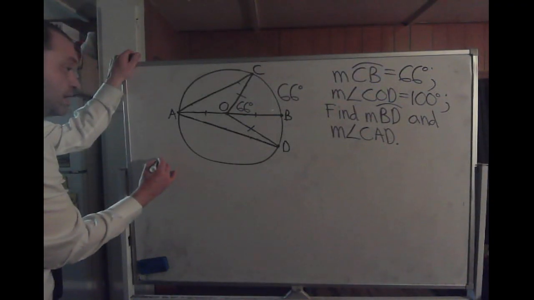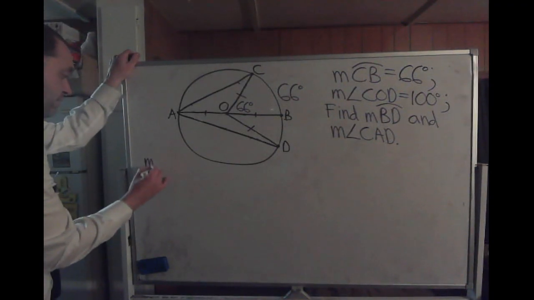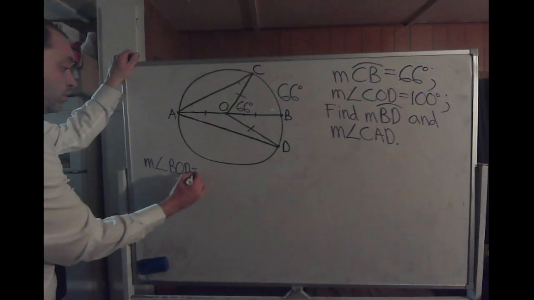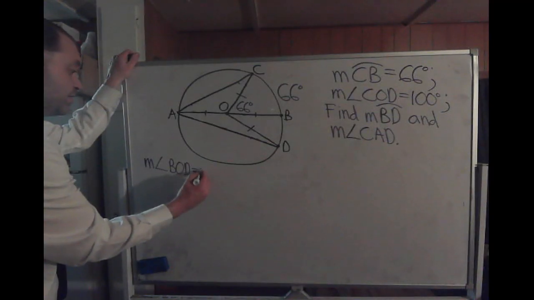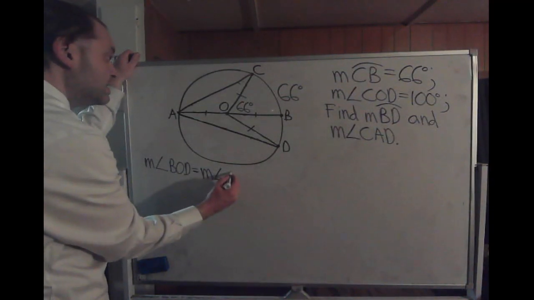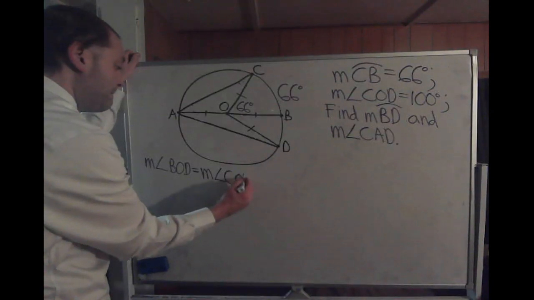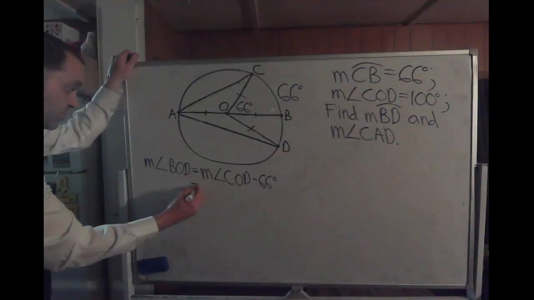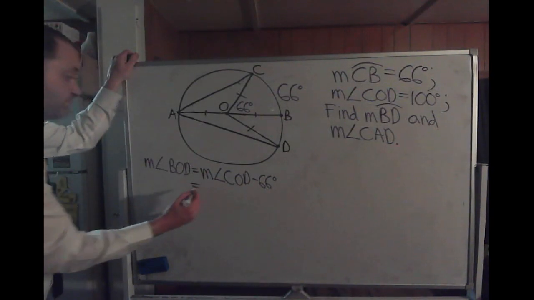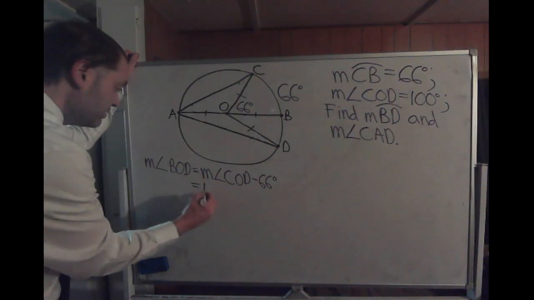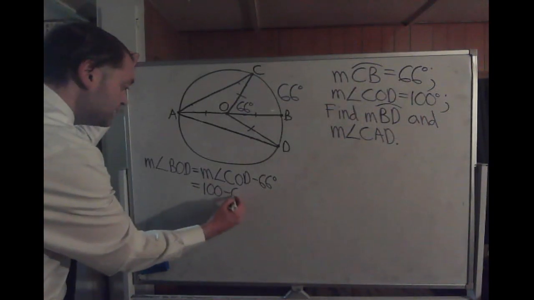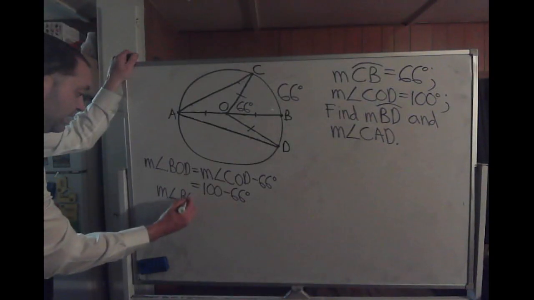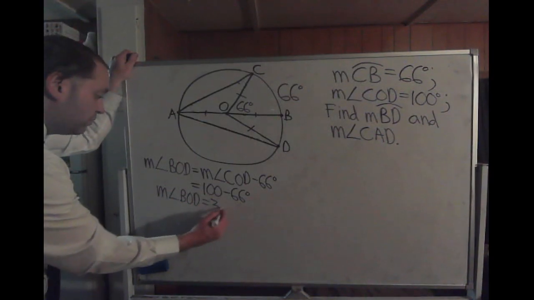So the measure of angle BOD would equal the measure of angle COD minus that 66 degrees, which is 100 degrees minus 66 degrees, which means the measure of angle BOD would have to equal 34 degrees.